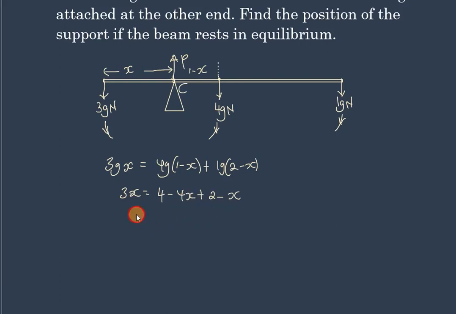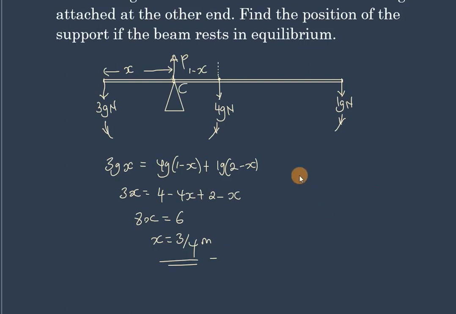So I have that 8x is equal to 6, giving us an x which is 3 over 4. So the position of the support is 3/4 meters. This one is in meters. It is 3/4 meters, 0.75 meters, from the end where you have put the bigger force.